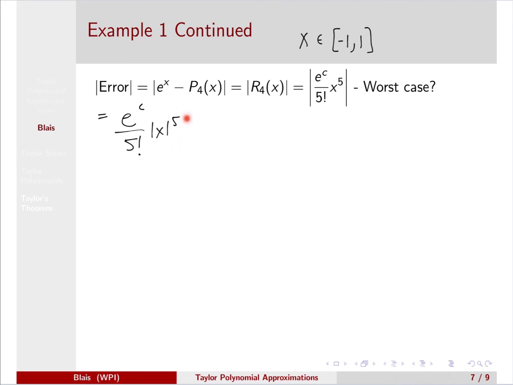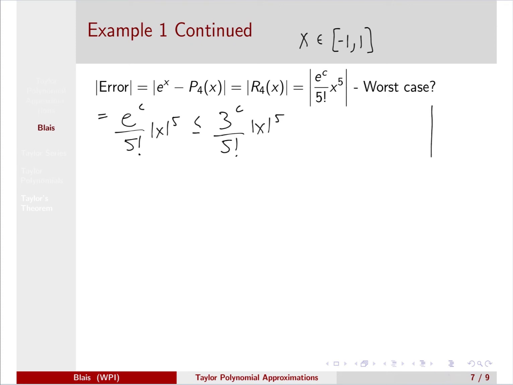We now have a function of x, actually equal to our error, that we want to bound. We already noted that e to the c will be less than 3 to the c. And so the question becomes, since 3 to the c over 5 factorial is a constant, what's the worst absolute value of x to the fifth can be?